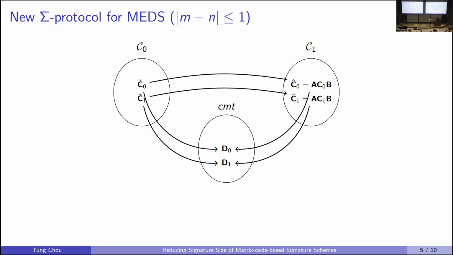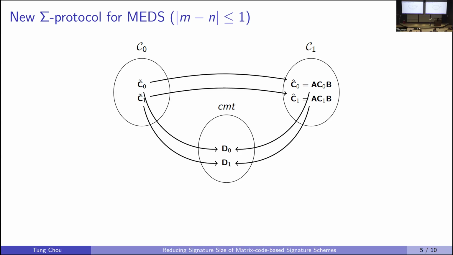It's not going to use something like A, B. Similarly, for the response for challenge 1, D0 and D1 are going to be the same, but C0 and C1 are going to be the corresponding codewords in the code C1.